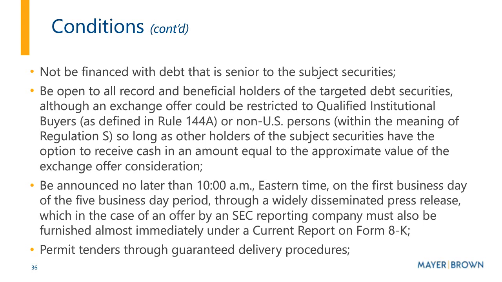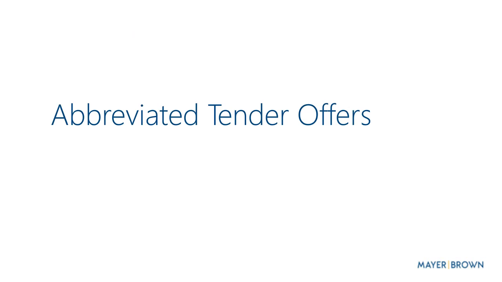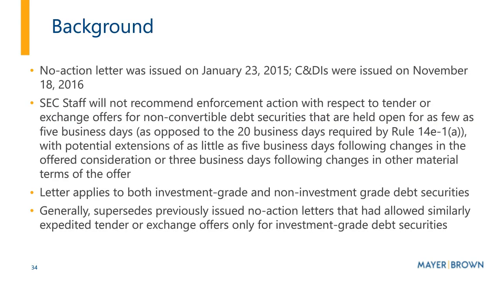So you have to make sure that there's immediate and widespread dissemination of the offer. These rules are much more prescriptive than what Eddie described previously for the typical approach for tender offers where notice was given to DTC.